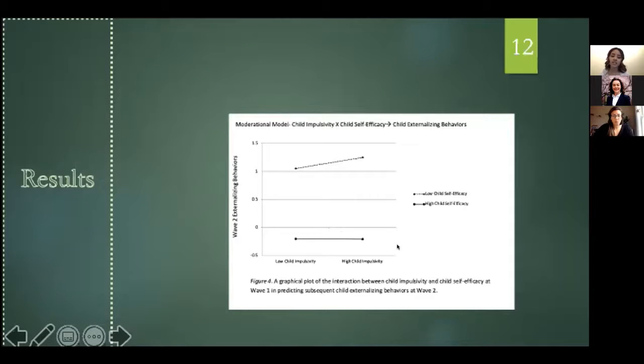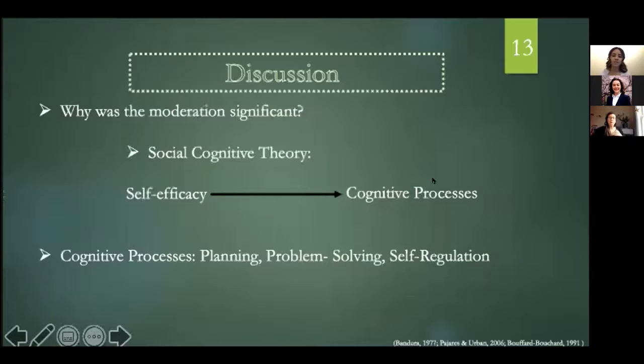So the non-significant association between impulsivity and externalizing problems among children with high self-efficacy suggested that high self-efficacy plays a protective role against further increases in externalizing behaviors. So why was the moderation significant? Well, social cognitive theory states that self-efficacy influences our behaviors and the environments with which we interact by influencing our cognitive processes.